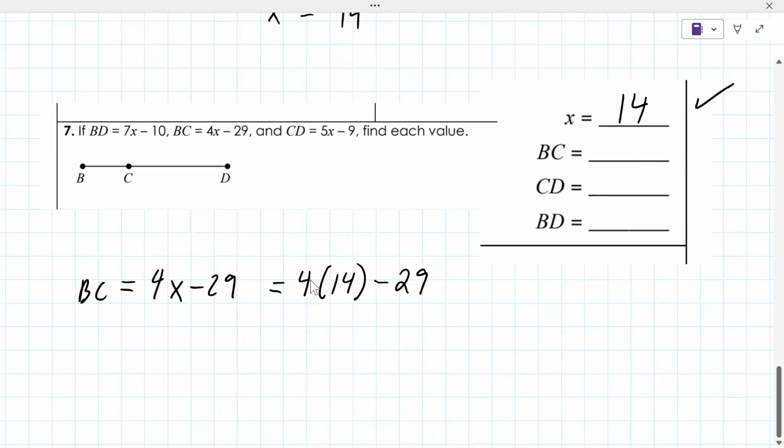Okay, so you multiply and then subtract. Could you do that for us, please? It's 27. Okay. CD is 5x minus 9. Will you calculate that for us, please?